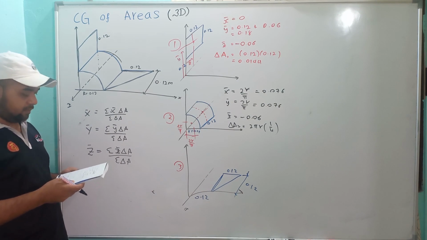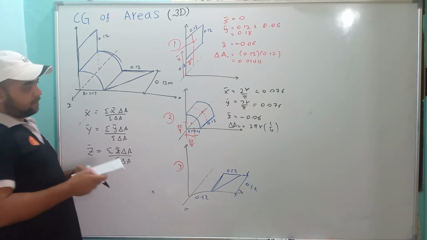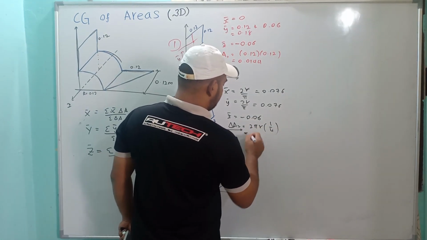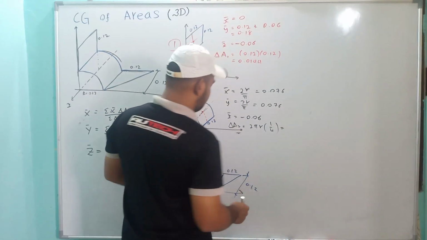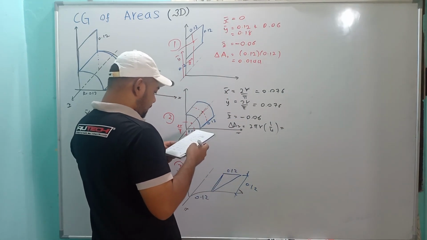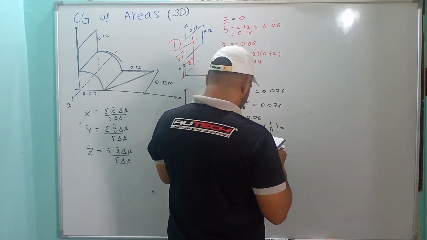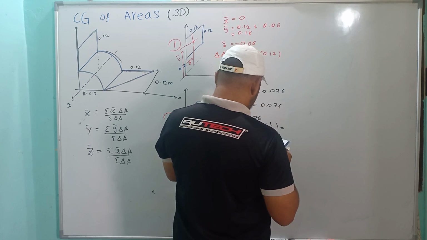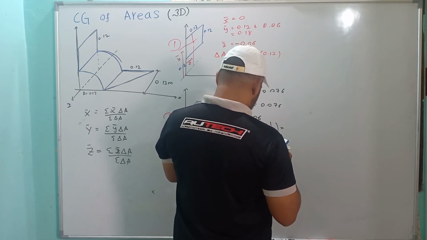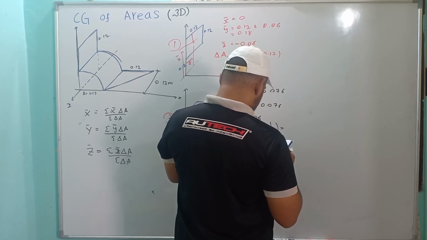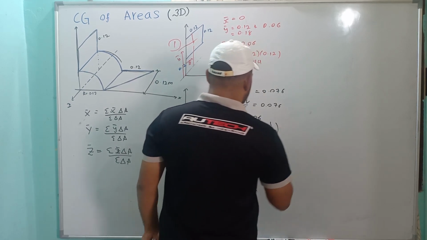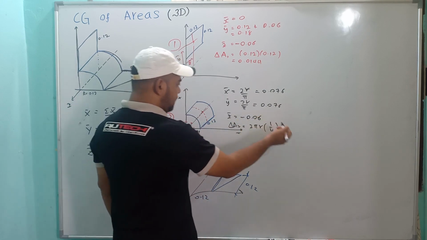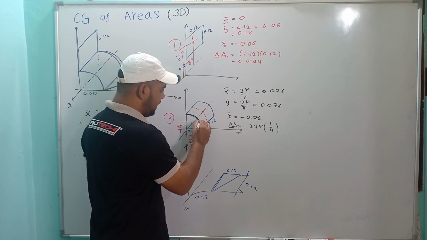At the end we have pi r/2. Sorry, this 2 pi r divided by 4, so you will have this length.